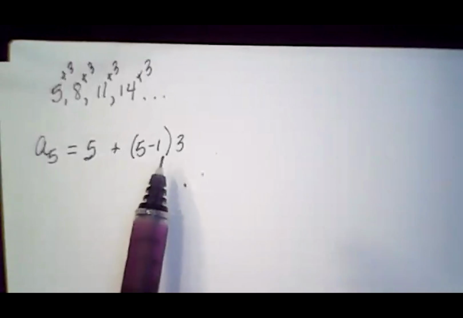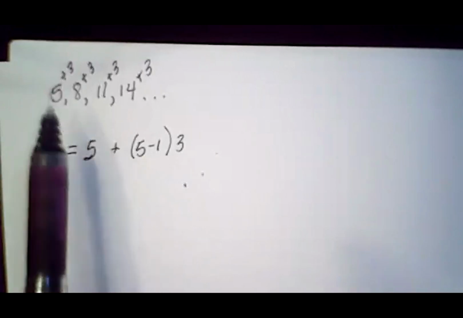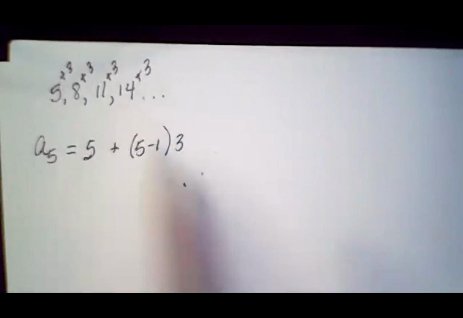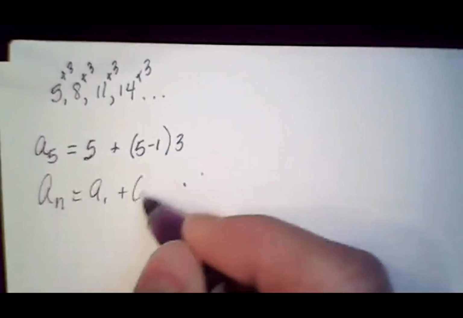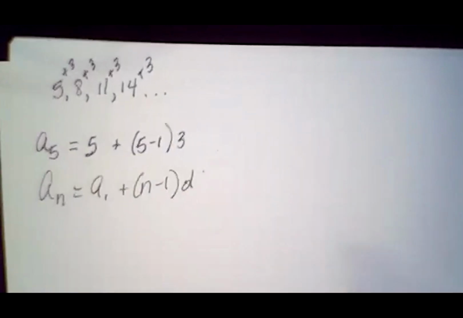It just turns out that it's always 1 less than n because we start with a number. So in this formula, the n minus 1 just means how many times we're adding the common difference of d. We'll use this formula quite a bit in this lesson, so you'll get to know it well.